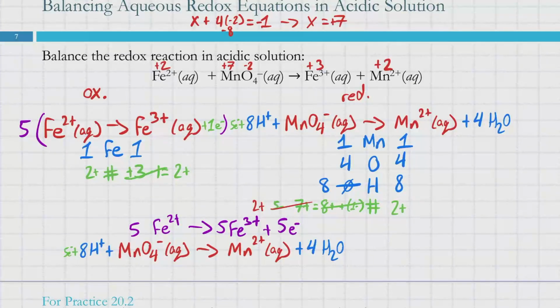So if you write them over top of each other, we're going to collect everything that's on the left side and just add those together, write them out in one line. Everything on the right side, we'll write those out in one line. And then things that are the same on both sides, in this case that's just our electrons, those are going to cancel out on both sides.